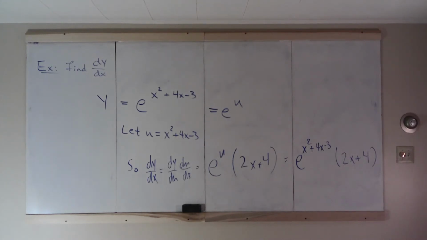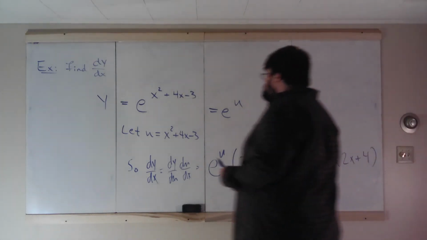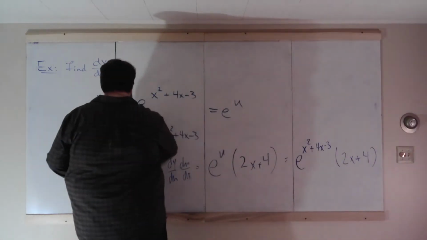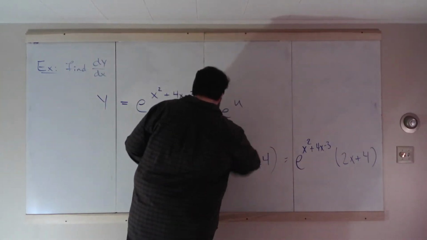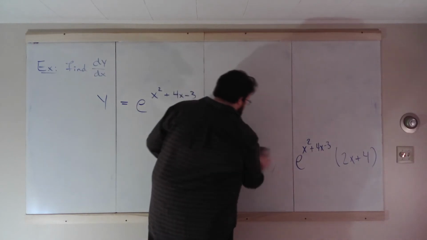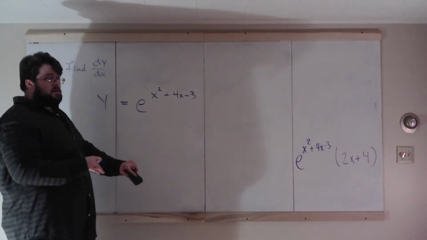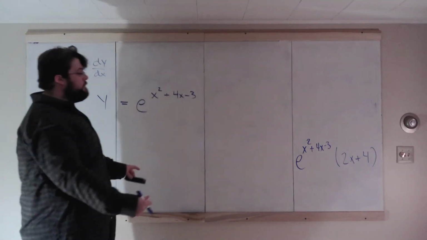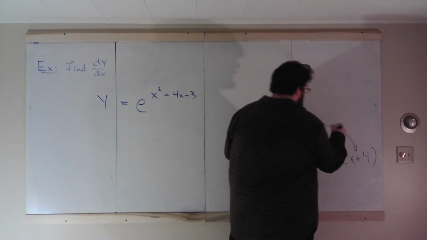Okay. Let's do a couple more. Well, before doing a couple more, let's just compare the original to our answer. So we have all those details explaining how we got to the answer, but let's compare the original to the answer. Derivative of e to anything is itself, but then you apply chain rule on that anything.